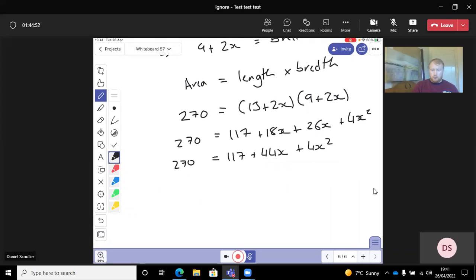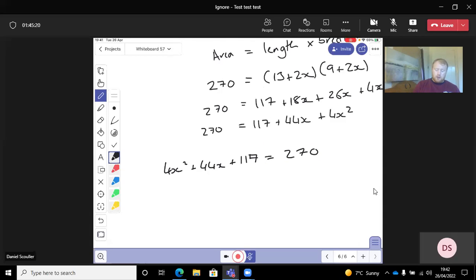Remember, the left hand side currently equals the right hand side, so I can just literally pick it up and turn it around so the x squared's on the other side. So I've not changed side, changed sign. I've literally spun it round, 180 degrees. That means the 4x squared's in the right place.